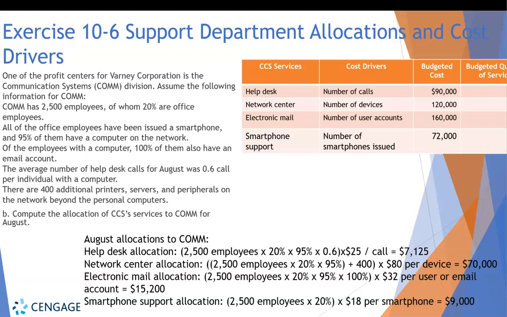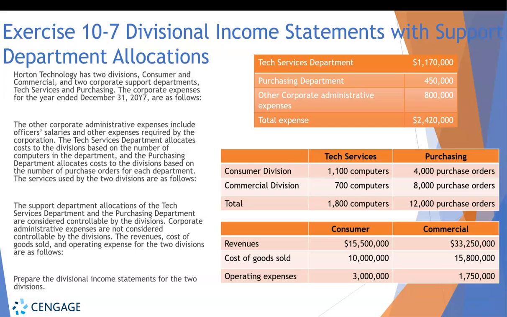$18 gives us $9,000. So these are the costs that will be allocated for this department from the various support departments. Here we have Horton Technology with 2 divisions, consumer and commercial, and 2 corporate support departments, tech services and purchasing.